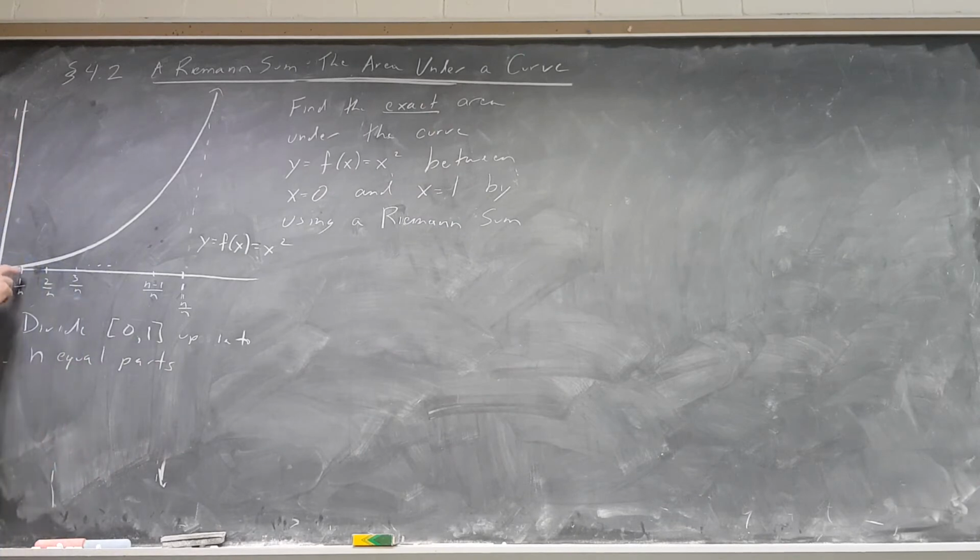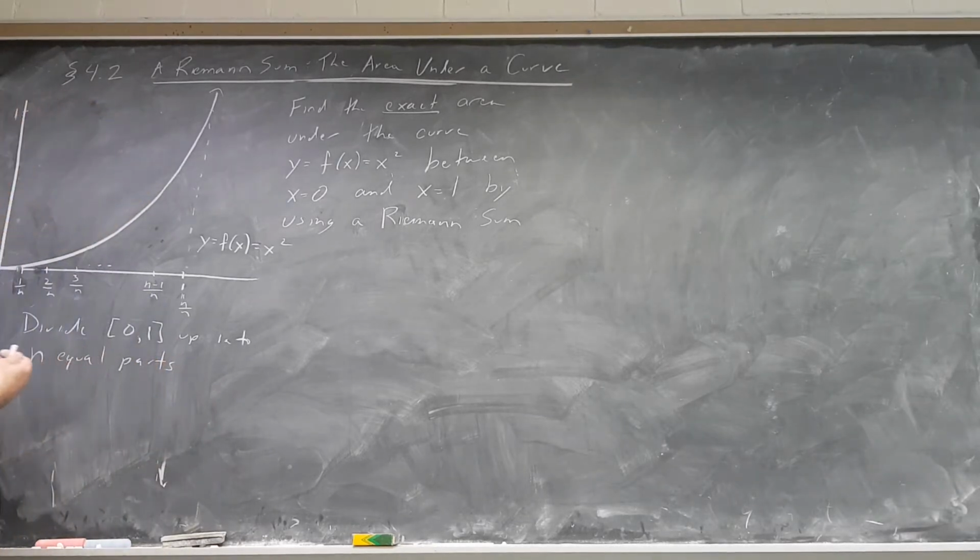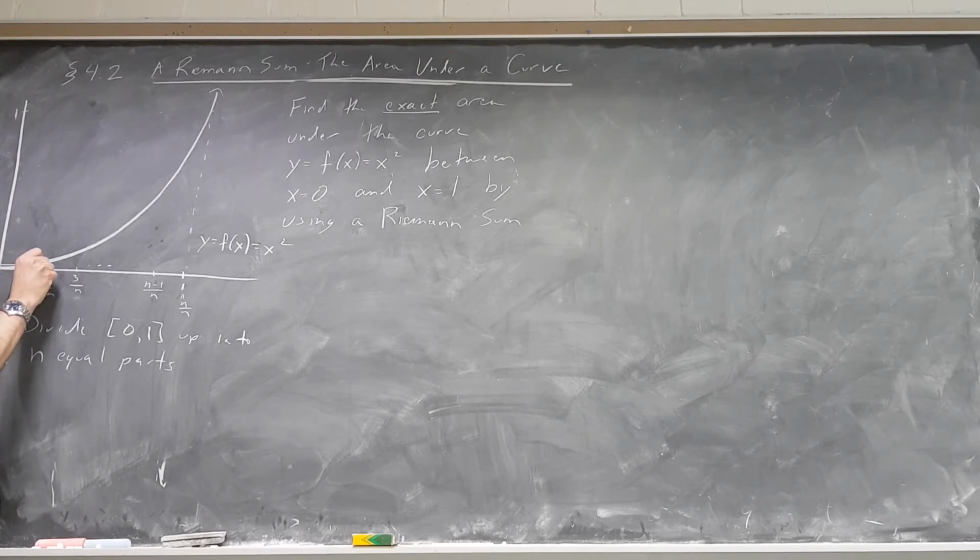And on each of those parts, just like last time when we did the right-hand sum, I'm going to do a right-hand sum here. We're going to construct a rectangle which touches the curve on its right-hand side. So that first rectangle touches the curve where x equals 1 over n. And that second rectangle touches the curve where x equals 2 over n.